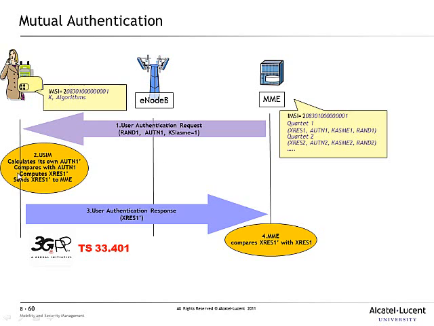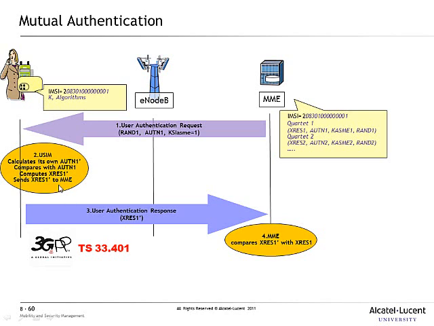Now at the UE, the first thing that it does is, based on the RAND, it will calculate its own AUTN, and if the AUTN that the UE has computed matches the AUTN that was sent, then it has authenticated the network, and so that's where the network authentication is performed.